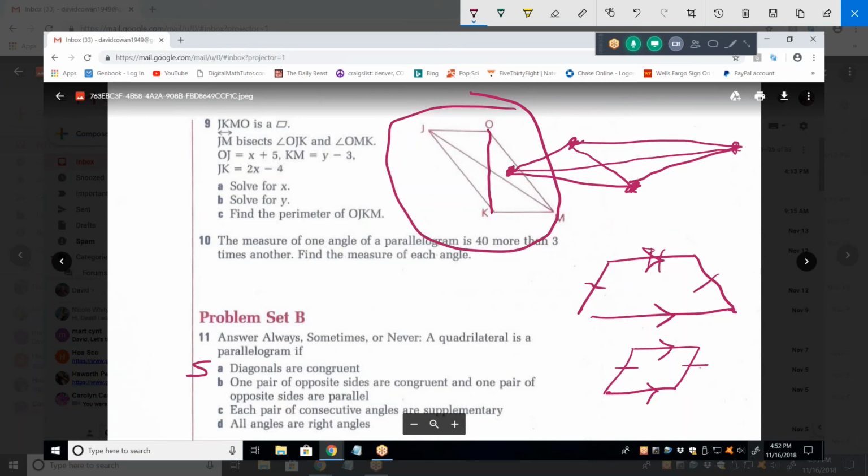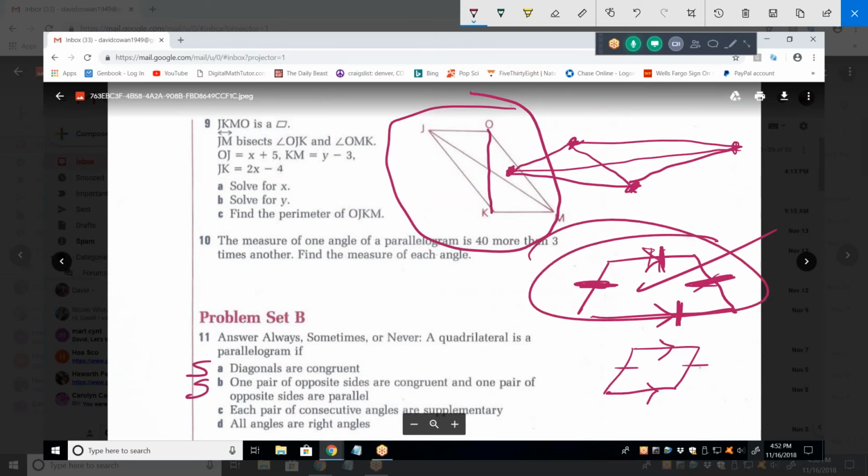So it can be sometimes. I think it's sometimes, because that's this figure right here. One pair of opposite sides are congruent, it's an isosceles trapezoid, and one pair are parallel. So that's not a parallelogram, so it certainly isn't always. And since I can draw it, it's not never.